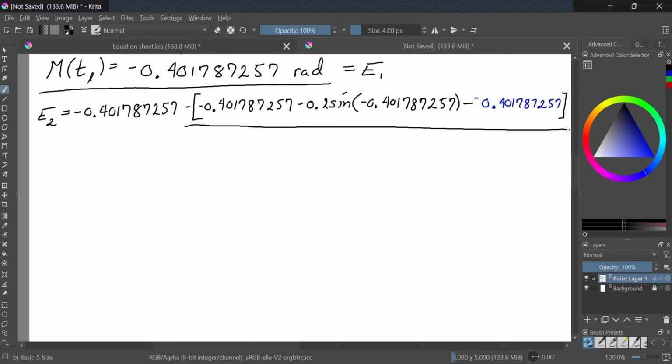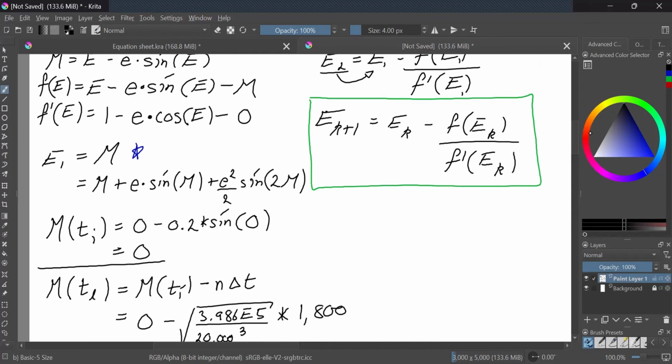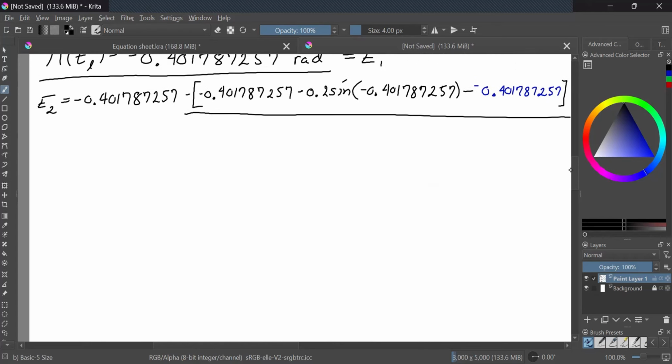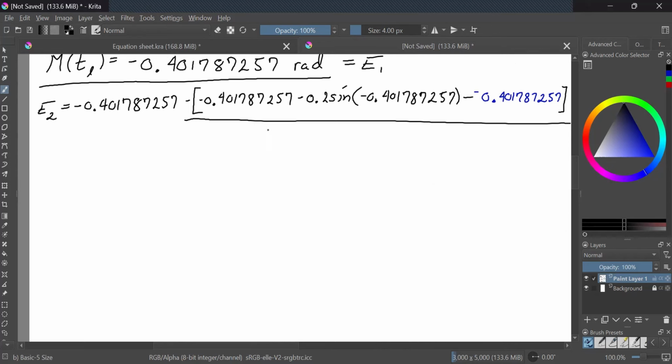So now we can go to the denominator, which is going to be our F prime value. 1 minus e cosine E. Scrolling back down. 1 minus 0.2 times the cosine of minus 0.401787257.